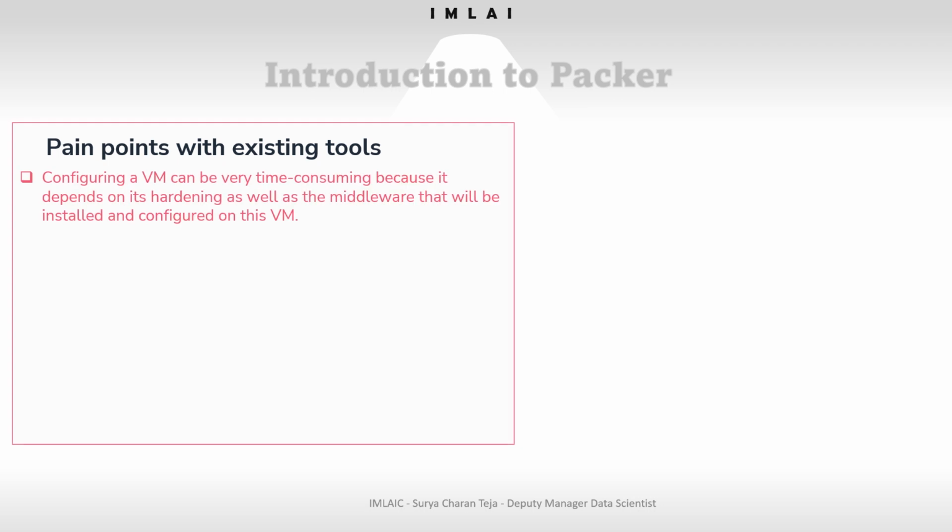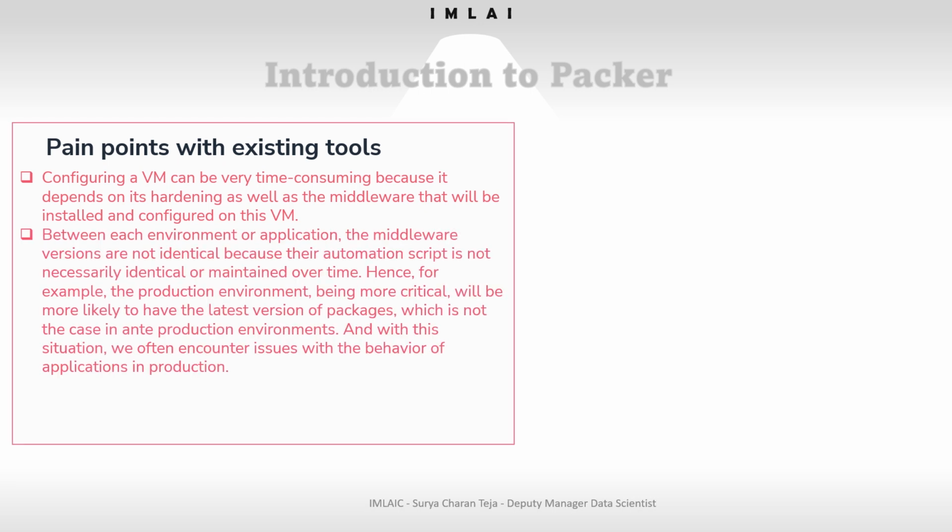The first one, configuring a virtual machine or an instance or a server can be very time consuming because it depends on its hardening as well as the middleware that will be installed and configured on that instance or virtual machine. So between each environment or application, the middleware versions are not identical because their automation script is not necessarily identical or maintained over time.